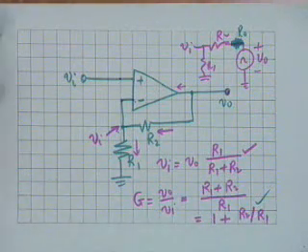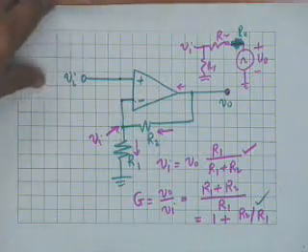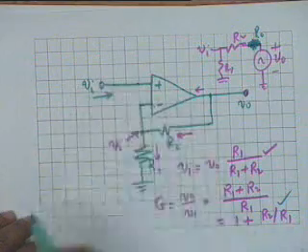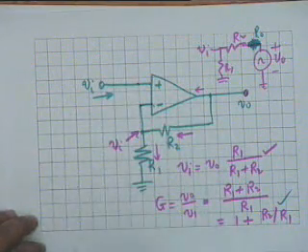Now you notice that in the inverting amplifier configuration, what was the input resistance faced by the source? It was equal to Ri, that is the resistance connected. So it is not infinity, it is finite. On the other hand, in the non-inverting configuration, what is the input resistance faced by Vi? Infinity.